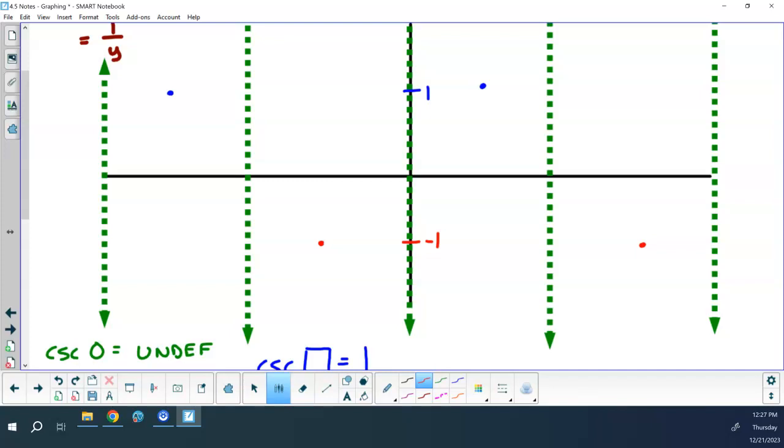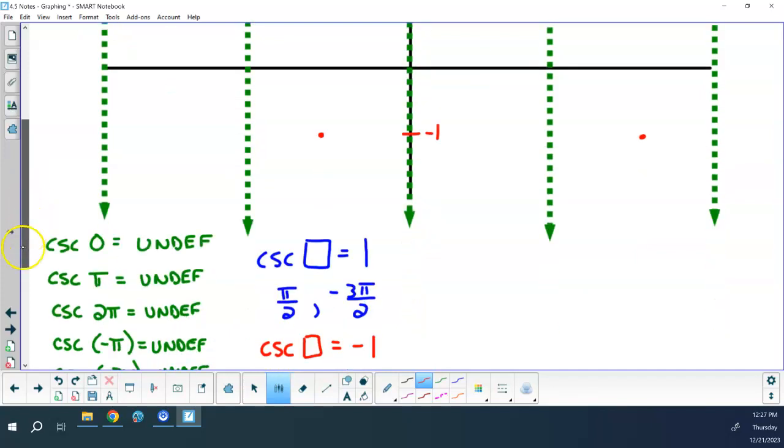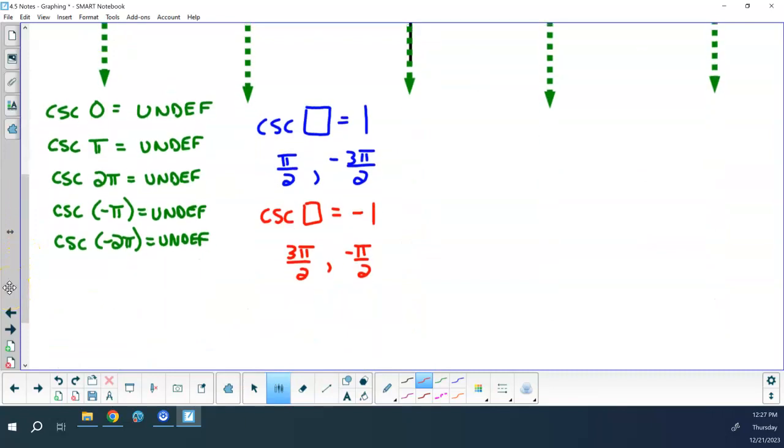Pi over 6 gives me a cosecant value of 2. Why does pi over 6 give me a cosecant value of positive 2? Because the sine value is 1/2, and so 1 divided by 1/2 is 2. Where else?